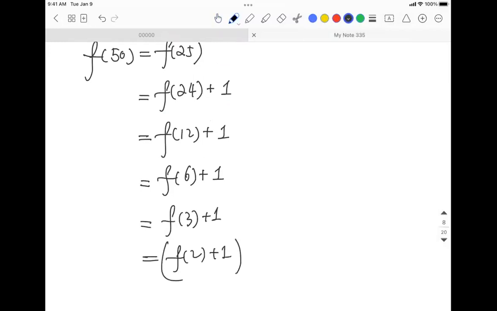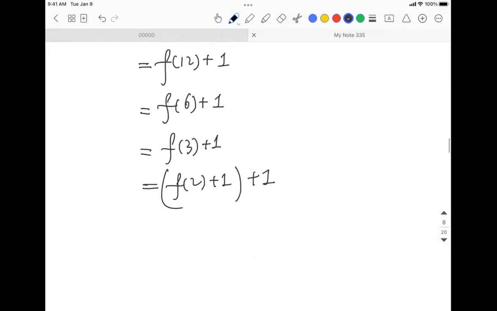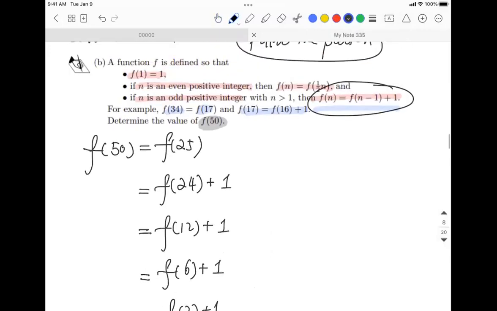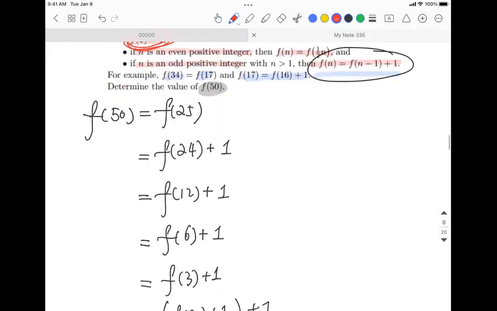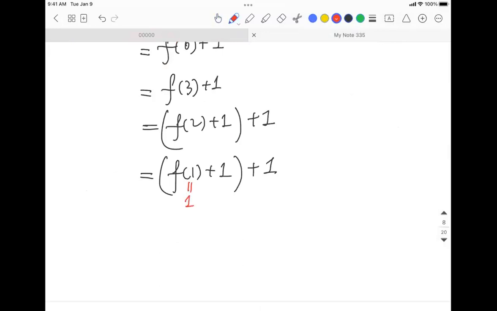So easy, right? And then what's the value of f(2)? f(1) plus 1. Is it right? And what about f(1)? The question already gives you f(1). You see, so easy. f(1) equals 1. So the value goes to 3.